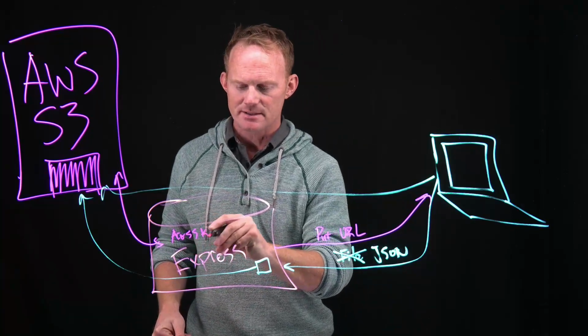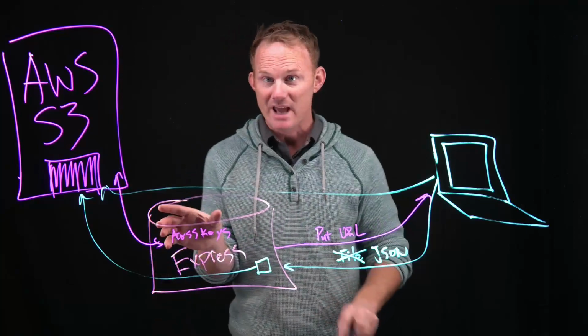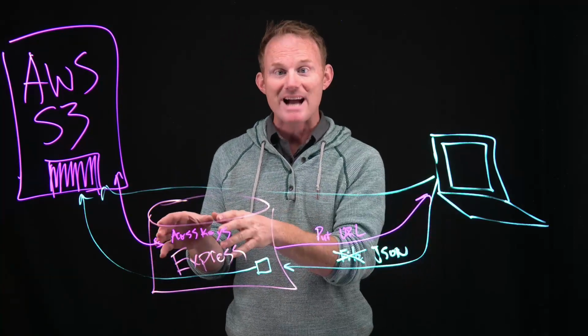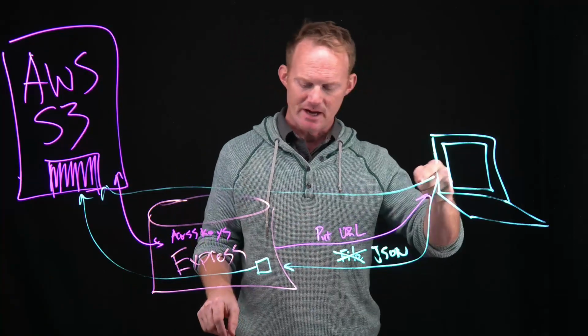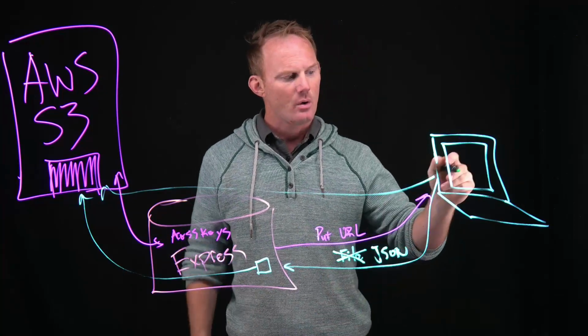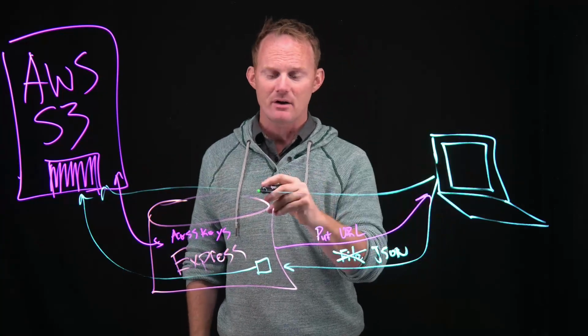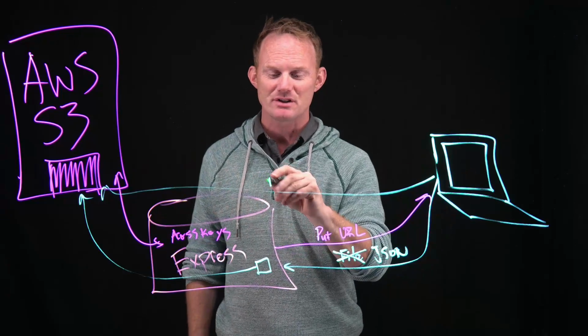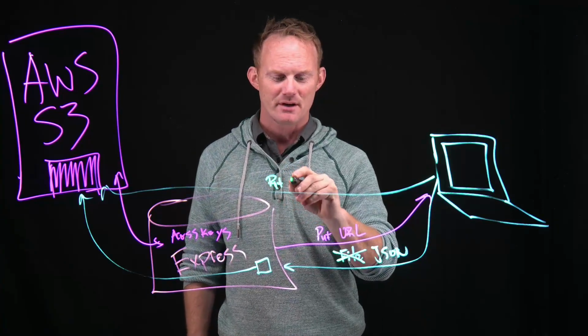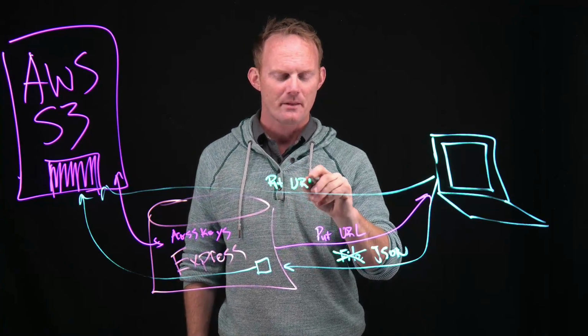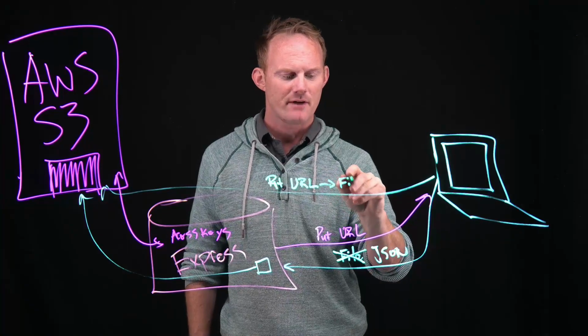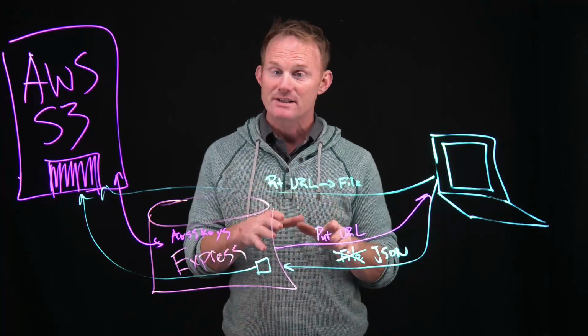Access keys. Right? We can't have those on the browser, so Express has to do this part. It sends back the put URL. Now, instead of sending the file directly without any restrictions, the browser uses the put URL and sends up the file.